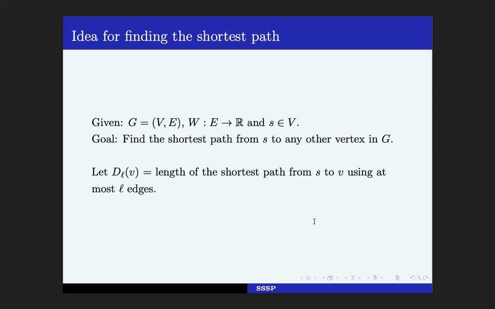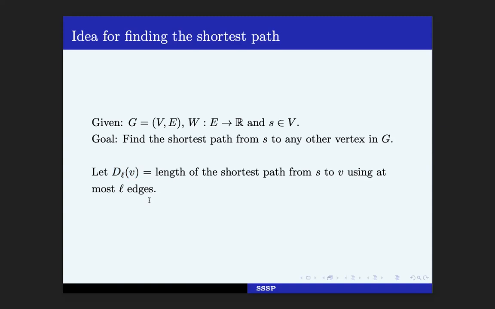Okay. So what does it come down to? The shortest path thing. So this is what I will be storing, this concept D_L(V). What is D_L(V)? I am interested in the shortest path from S to any other vertex. So D_L(V) is the length of the shortest path from S to V using at most L edges.